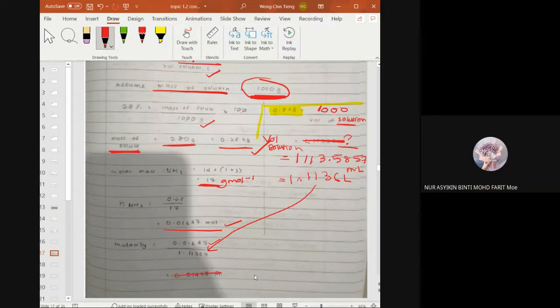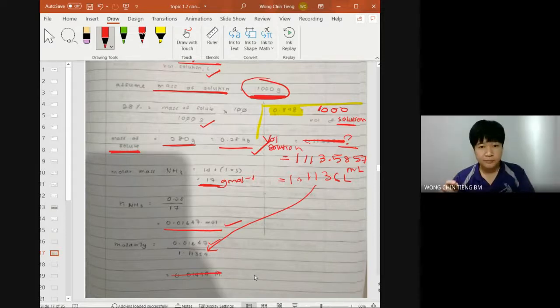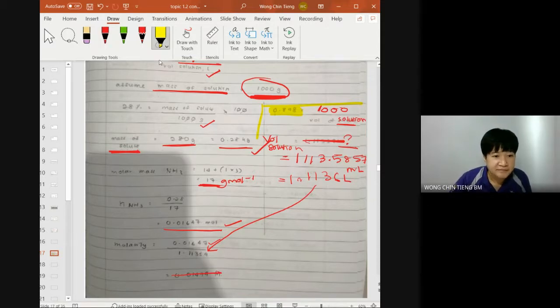Saya dapat 14.791. Betul. Saya pun dapat 14 point lebih. Tapi jawapan ni tak dapat. Let me see what is wrong. Oh, I know. Another mistake. Kira number of mole salah.